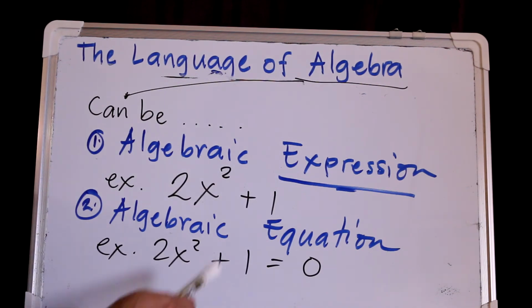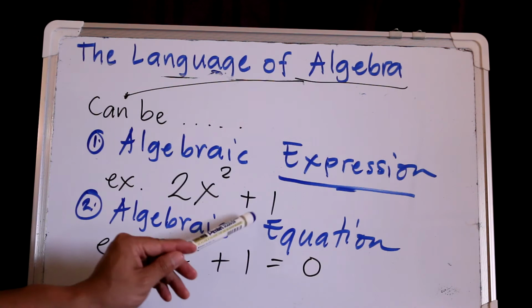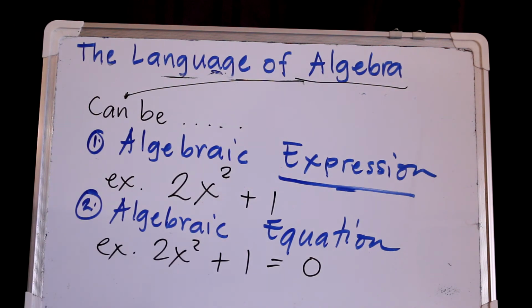The difference between expression and equation is that the equation has an equal sign. So it's a statement and has the ends of the statement. This one is a statement, but it doesn't have the ends of the statement. Here you have the conclusion, there you don't. That's what I mean with the ends of the statement.